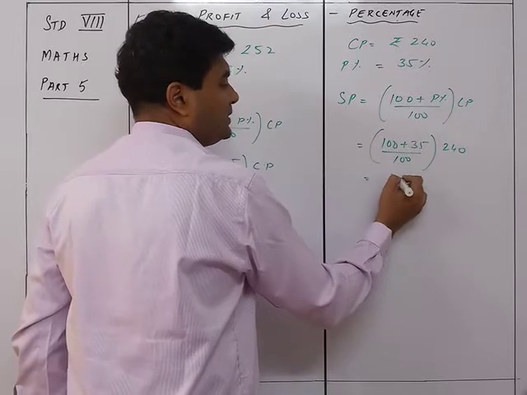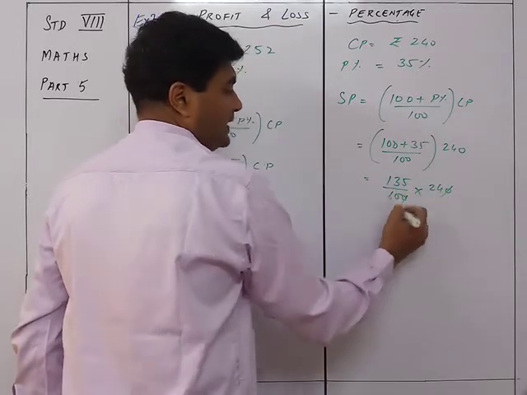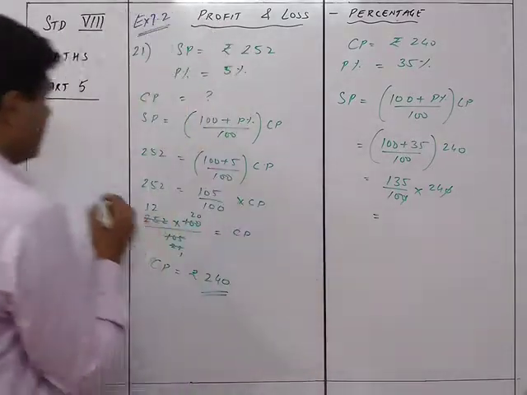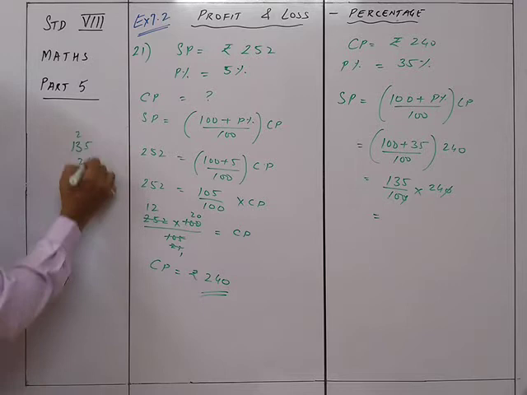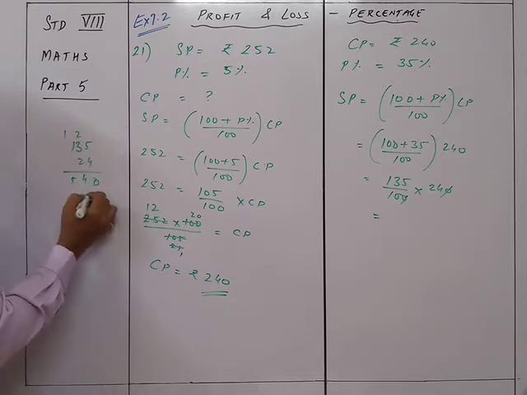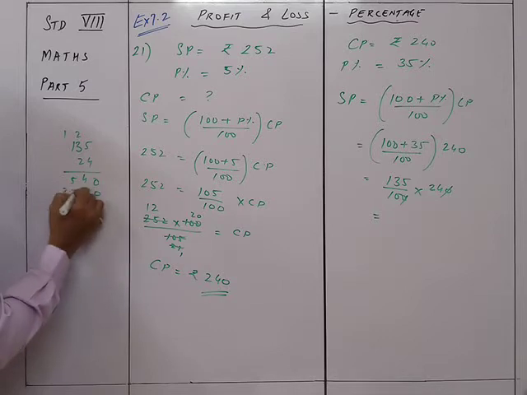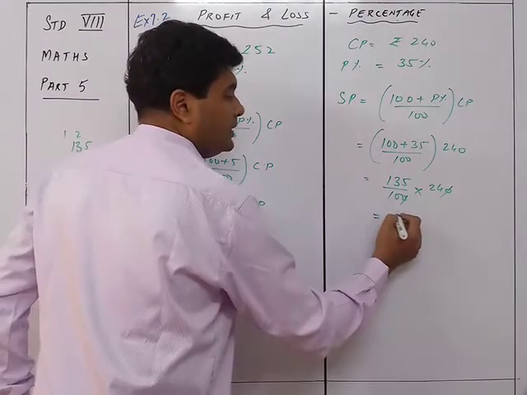So that's 135 upon 100 into 240. Cancel the zeros over here. So that is 135 into 24, which comes to rupees 324.